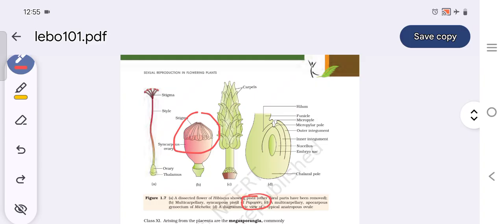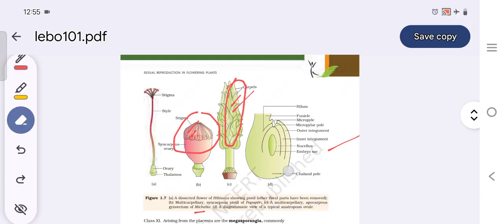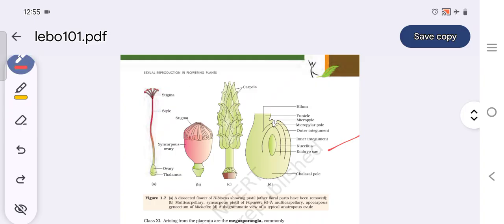The third one would show you multicarpellary, that is many carpels, and they are apocarpous, meaning they are free. So this is fused, and this is free. That's about Michelia. And this is the structure of an anatropous ovule. Anatropous meaning, you can see, it's like inverted. The anatropous ovule is a typical diagram for sketching. Very important diagram, where you have the hilum, the funicle, the micropyle opening.